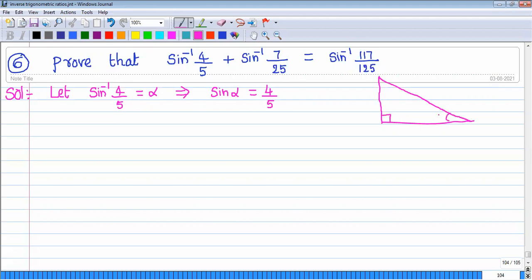Say this is alpha. This is 4, 5. What will be the unknown side in a right angle triangle? 3. 25 minus 16 is 9. Square root of 9 is 3.